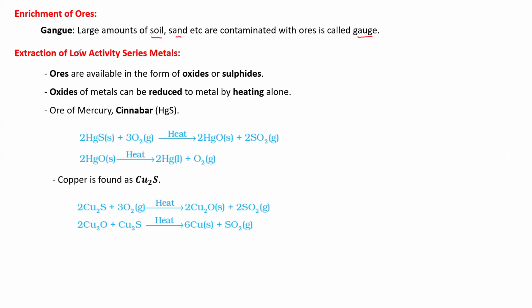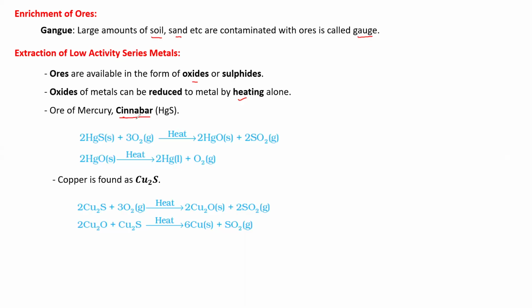And for the extraction of low activity series metals, like we have seen, they are available either in the form of oxide or sulfides. For that purpose, we can go for roasting here. The oxides of these metals can be reduced by heating alone, and an example is the ore of mercury, which is known as cinnabar.